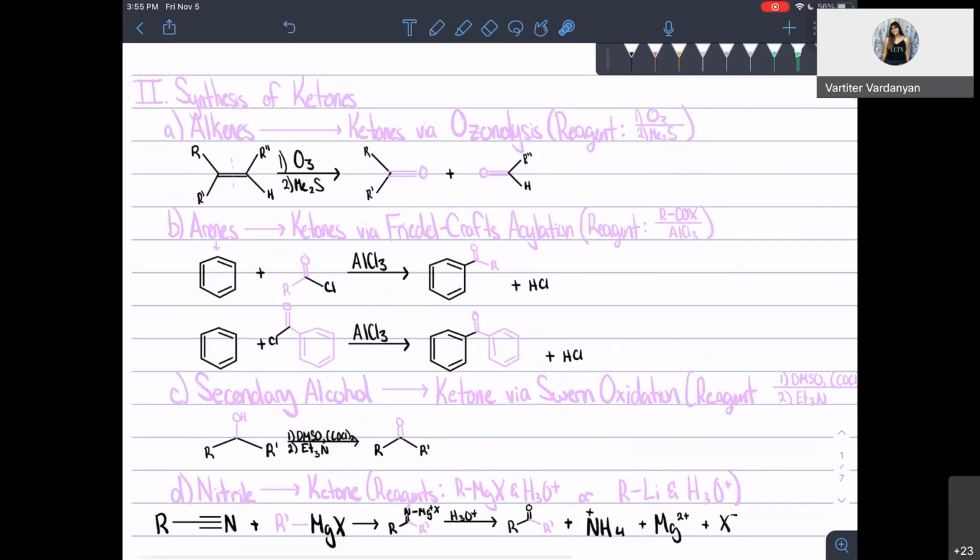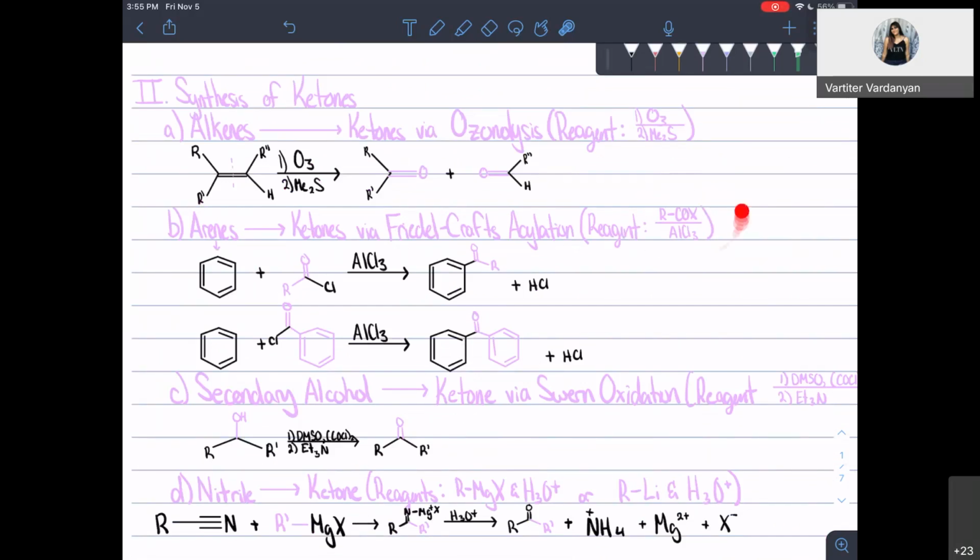All right. You can also take something called an arene, aka just an aromatic ring, in this case benzene, and you can react it via a Friedel-Crafts acylation reaction to create a ketone. I know you guys probably want to chop off my head right now, but don't do it to me. If it was up to me, I wouldn't test you guys on this.